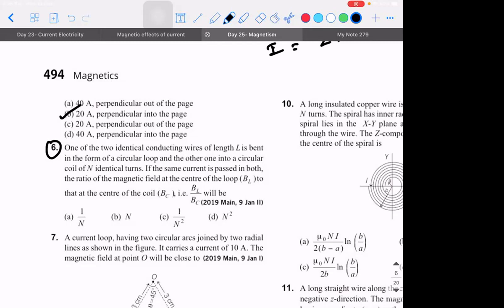One of the two identical conducting wires of length L is bent in the form of a circular loop. So our radius will be L by 2 pi. Correct? And another into a circular coil of n identical turns. Actually, this is a simple problem. Do it fast now.